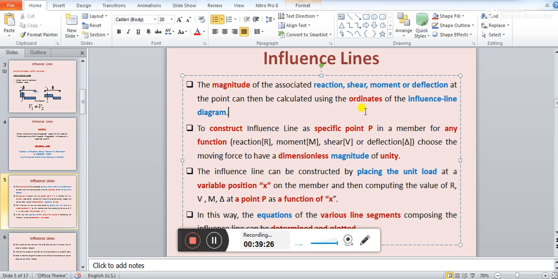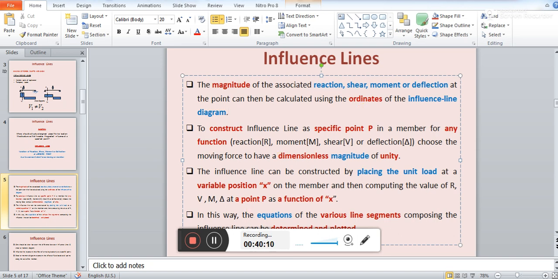If you want to construct any influence line diagram for any function, that means influence line diagram for shear force, or bending moment, or reaction, or deflection, whatever may be the case, you will have to move the unit load over the member, and that unit load should be a dimensionless quantity.